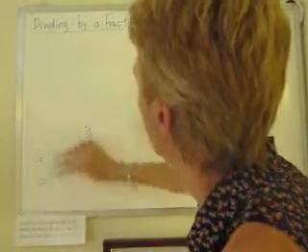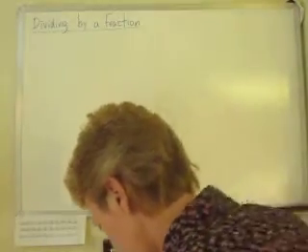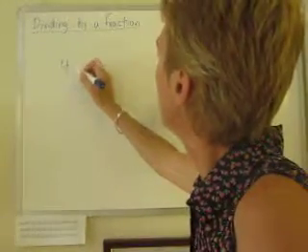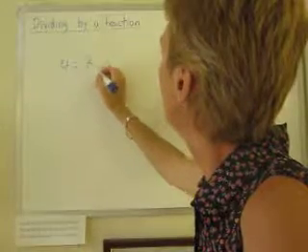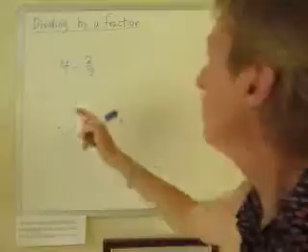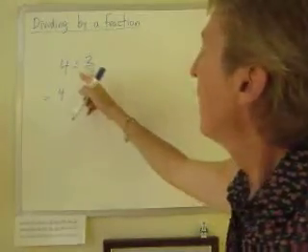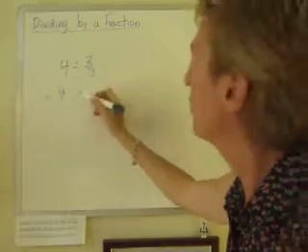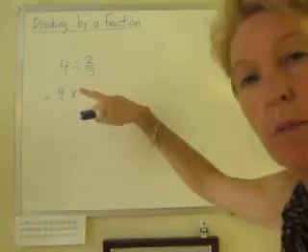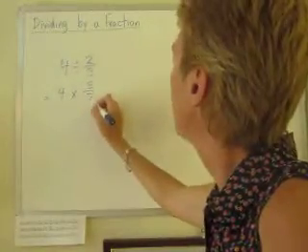Now let's do an example here. What if we have 4 divided by 2/3? Now the first number we leave the way it is. Our division sign becomes multiplication, and our fraction is inverted: 3/2.